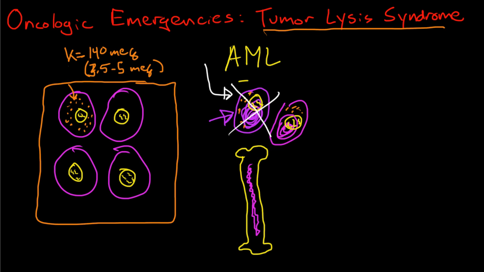So it destroys cells in the bone marrow, and it destroys the blasts, the circulating blasts as well. So what happens? Well, the DNA, or particles of the DNA, are released into the bloodstream. So we end up with lots of little bits of DNA floating in the bloodstream, and we end up with high concentrations of potassium in the bloodstream as well.